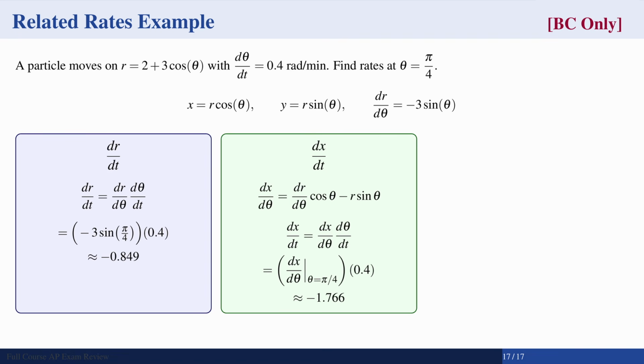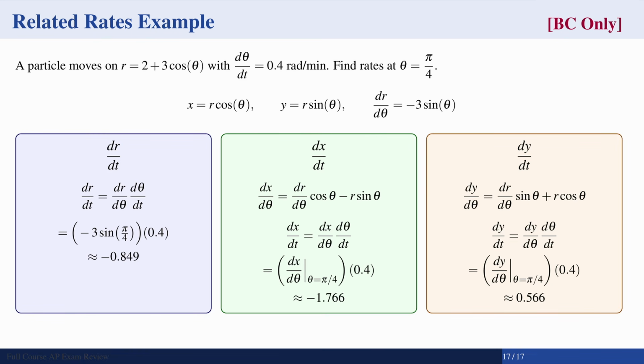I got approximately -1.766. Finally, dy dt. So to find dy d theta, we have to use the product rule because y is r times sine of theta, so it's first derivative of the second plus second derivative of the first. And then to find dy dt, it's dy d theta times d theta dt. Calculator, again, just substitute in. I got approximately 0.566. So I think that's it for polar. Next up, Unit 10.